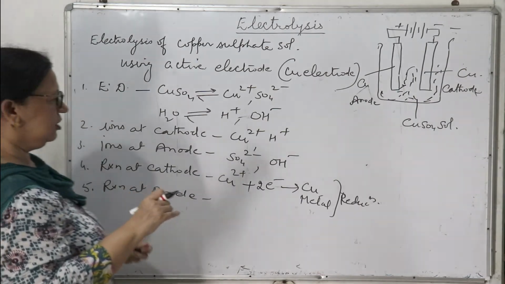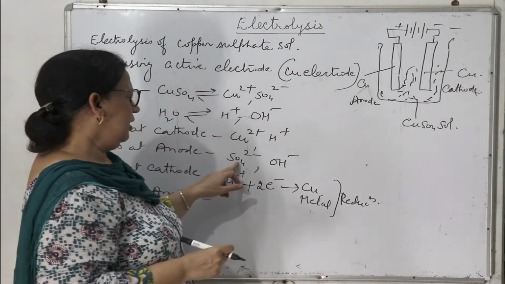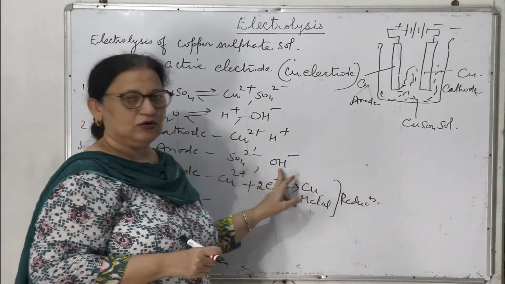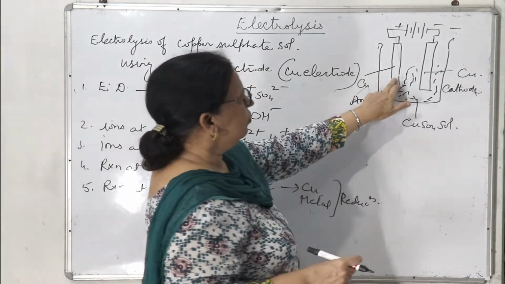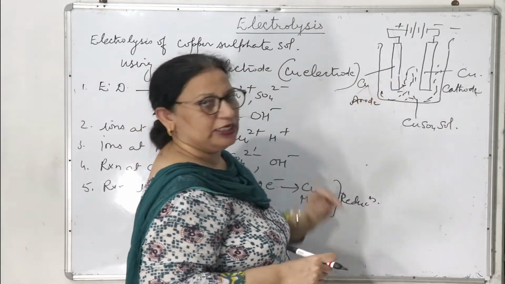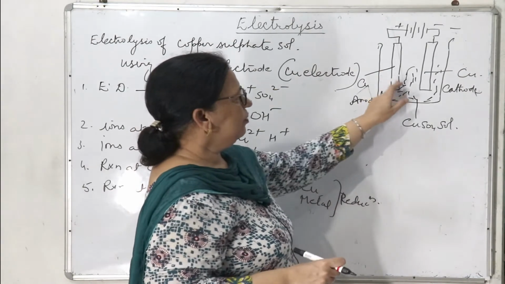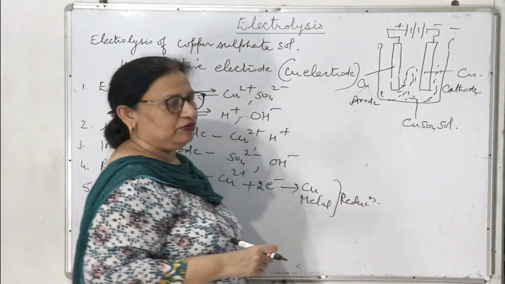Reaction at the anode. This will change. How will this change? Now both the ions, sulfate ions and hydroxyl ions, will move towards the anode, but the anode itself is made up of copper. The anode itself is an active electrode.